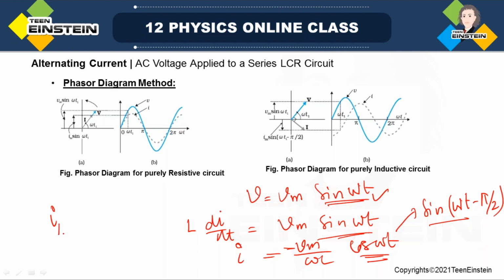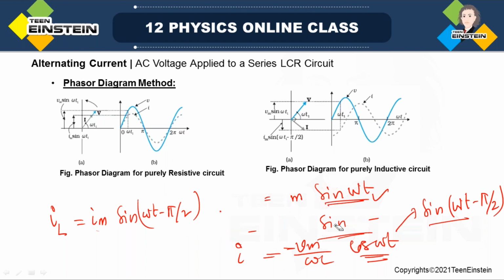So the current in the inductor, IL, has this maximum current and sine omega t minus pi by 2, whereas the voltage is only sine omega t.